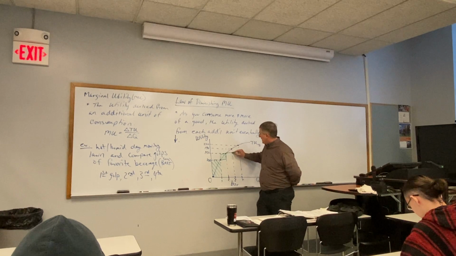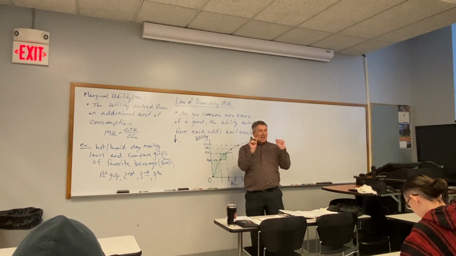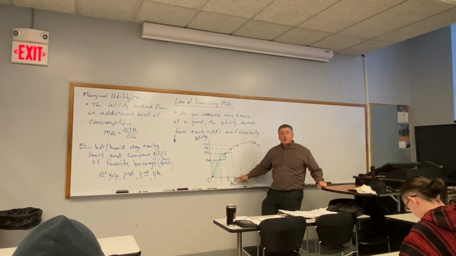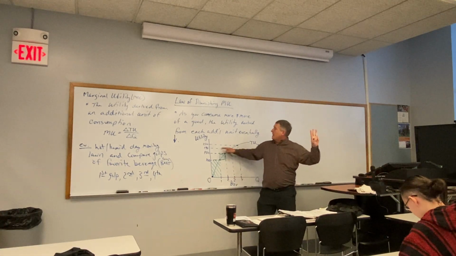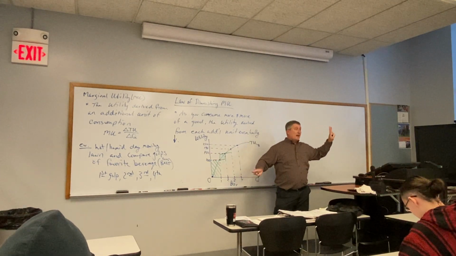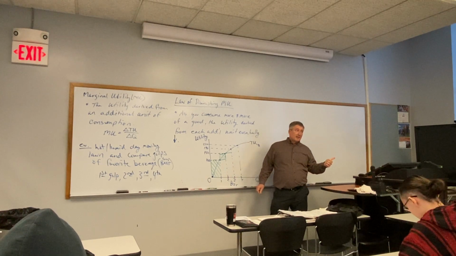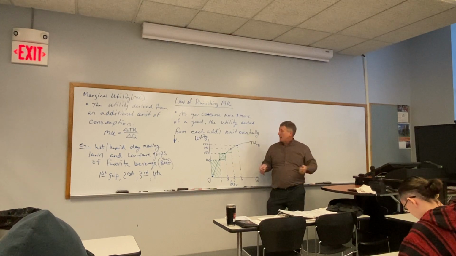40. Let me be careful with my words here. Three beers, a total of three beers, gives me 190 units of satisfaction. How much did the third beer give me though? You can shout it out. 40.